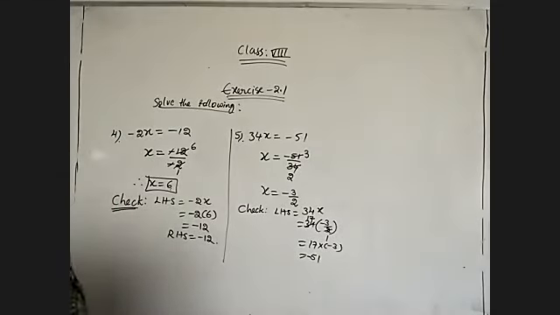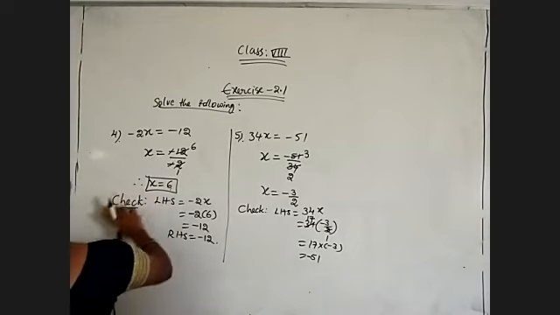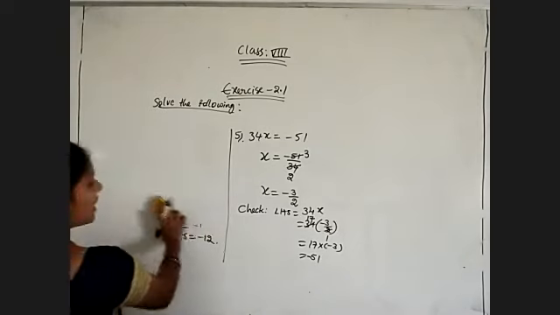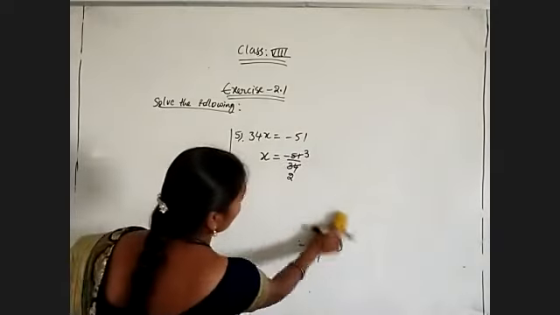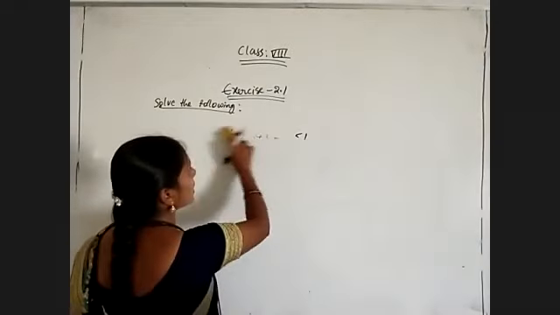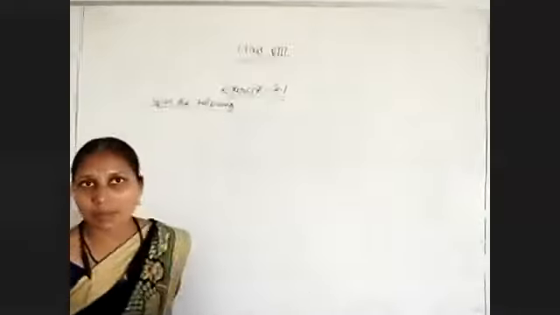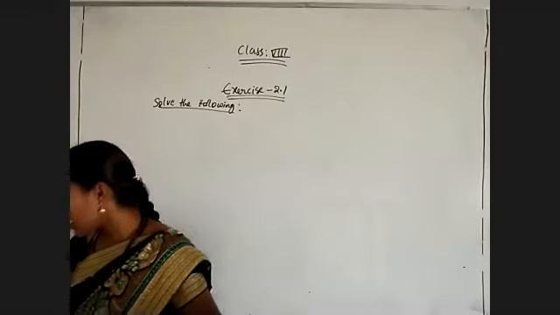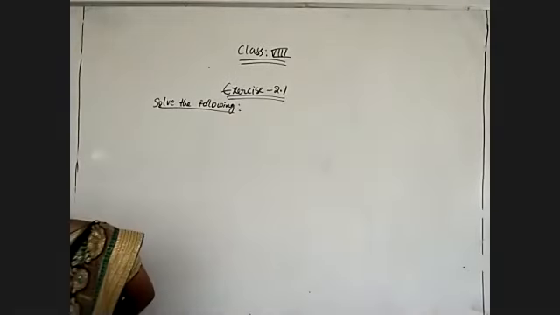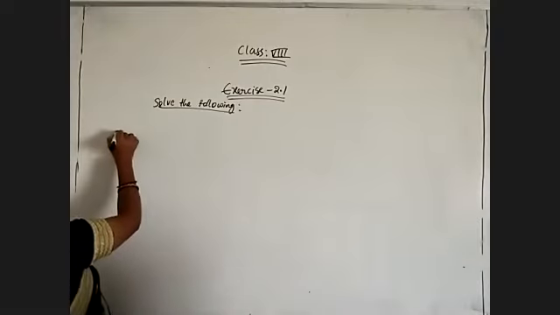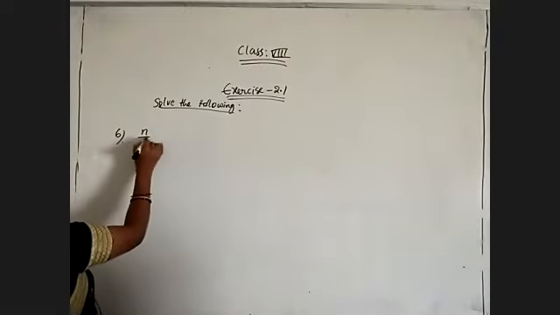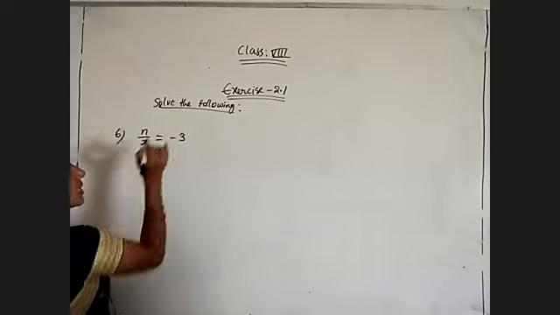Okay. Now coming to the other problem. Till now we have covered the four multiplication rules. The first five questions in the exercise are all written for multiplication. Now the sixth question is n by 7 is equal to minus 3. So it is division.